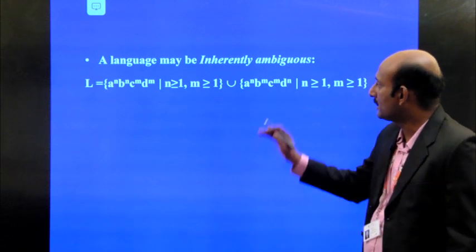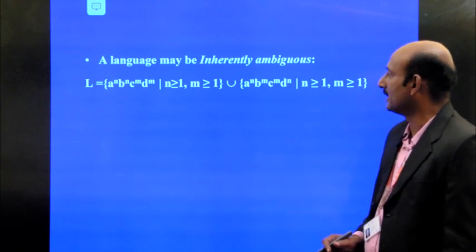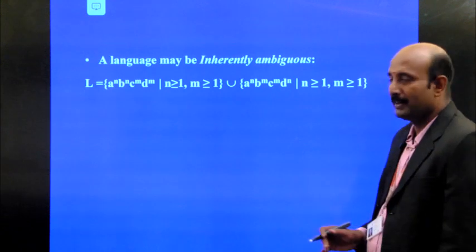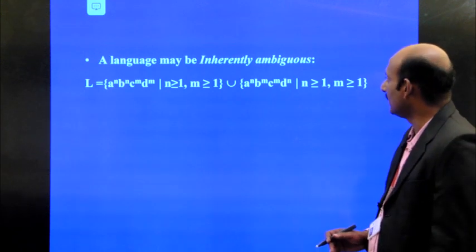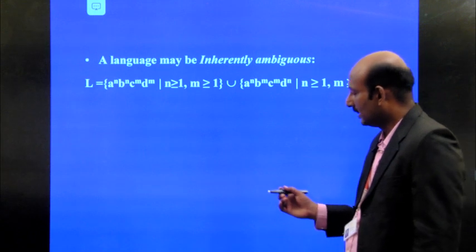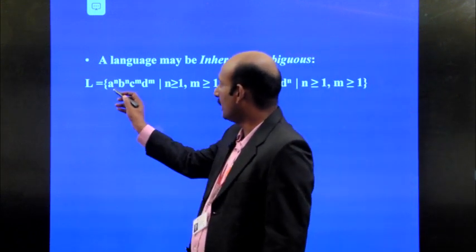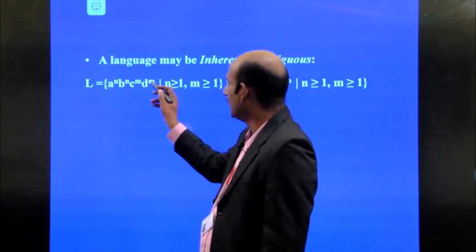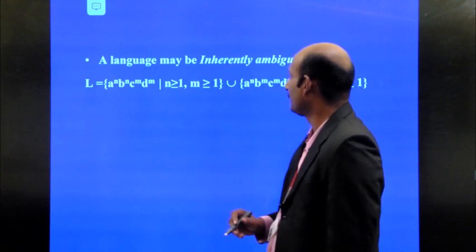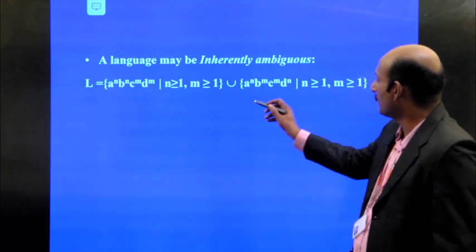The language may be inherently ambiguous. That is, if we have the language a power n, b power n, c power m, d power m, this is one language, and we take the union with another language.